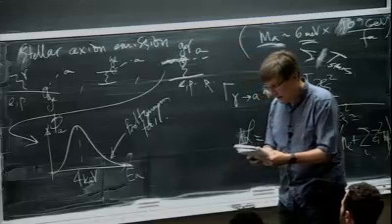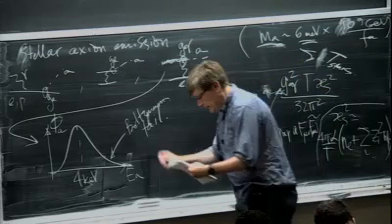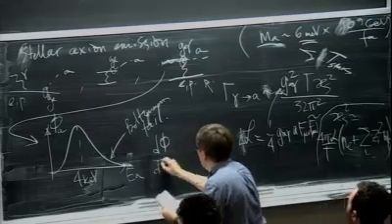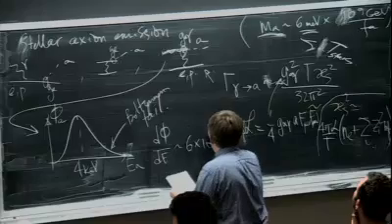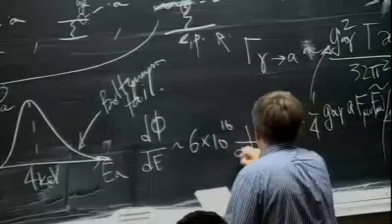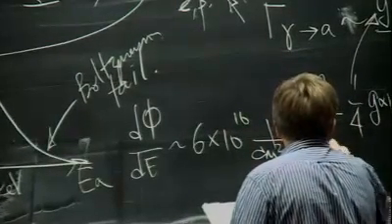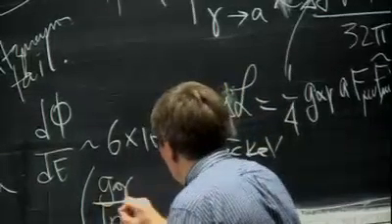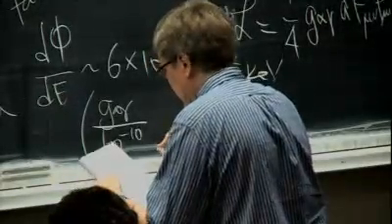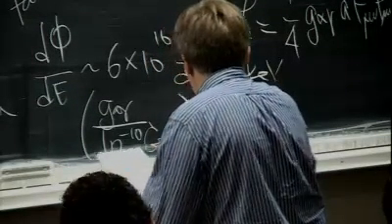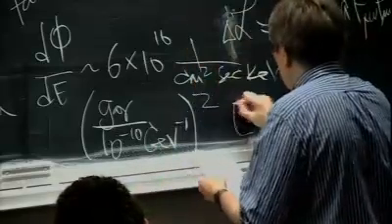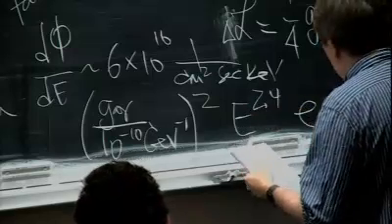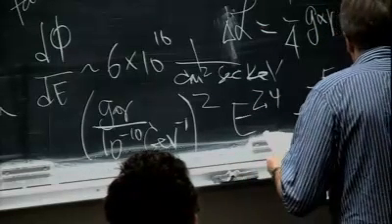So with this kind of thing, you would get d phi over dE at the scale of 6 times 10^10 per centimeter squared per second per keV, for g_{a gamma} in units of 10^-10 GeV^-1 squared, times some characteristic function that gives this shape.